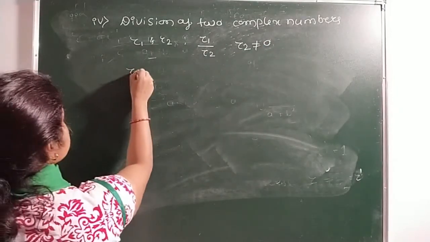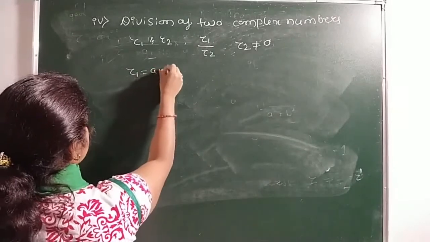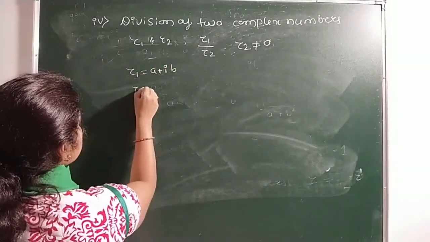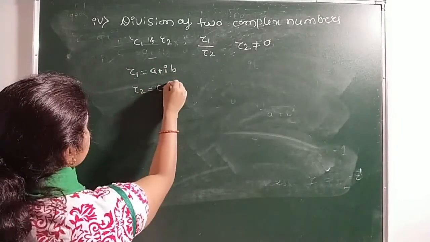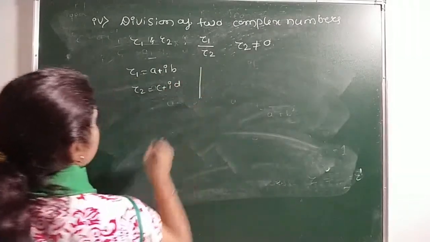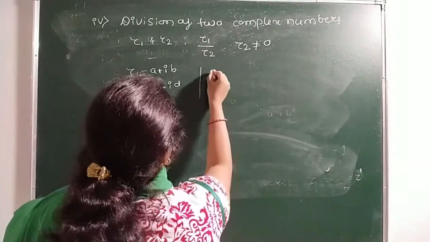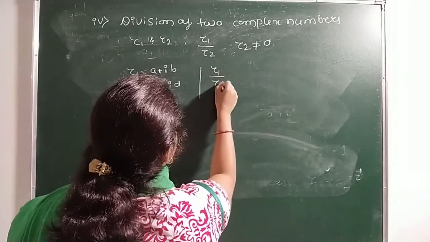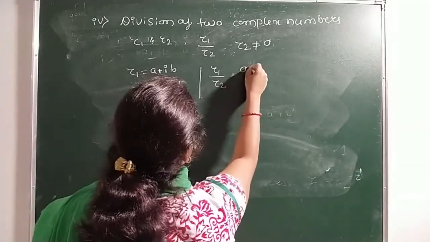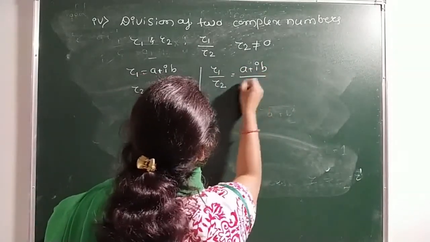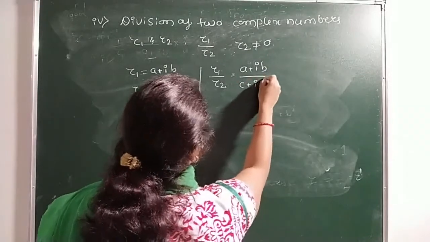If Z1 is equal to a plus ib and Z2 is equal to c plus id, then Z1 divided by Z2 is equal to a plus ib divided by c plus id.